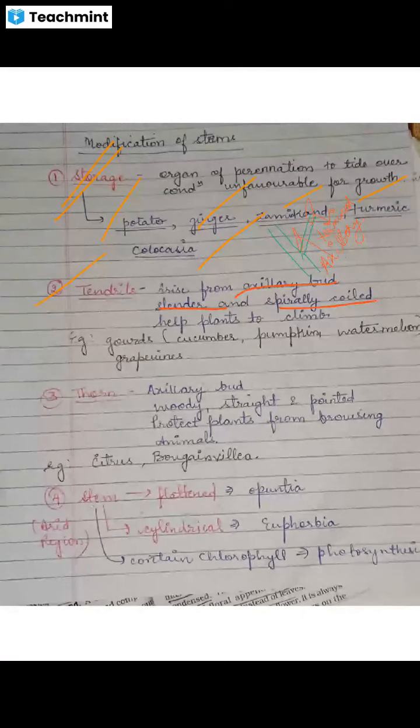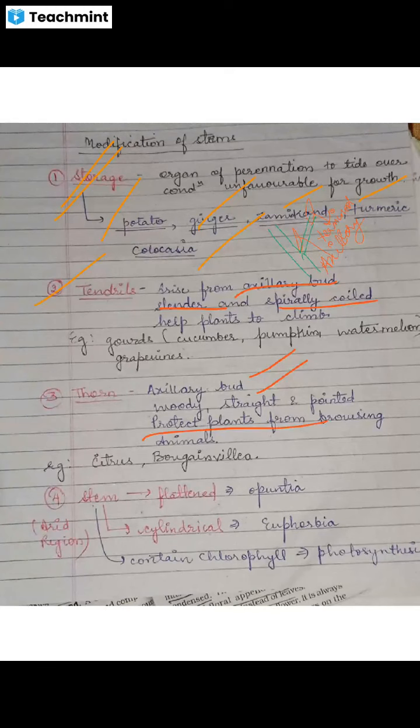What are they meant for? They are meant for climbing, like cucumber, pumpkin, watermelon, grapevines. You must have seen grapevines. Now thorns: this is also from an axillary bud, woody, straight, pointed. You have seen thorns in citrus and bougainvillea.